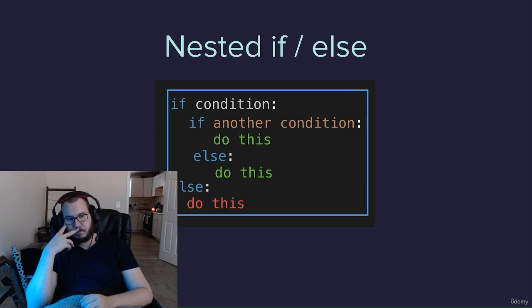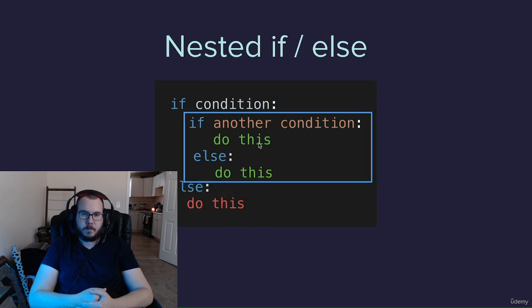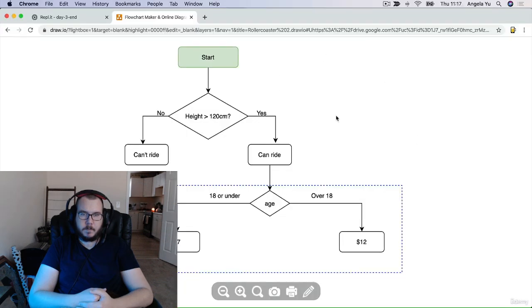So essentially, the computer first looks at the larger picture, which is this first condition, and decides on whether it should go into the else block here, or if it should go into the nested block inside the if statement. So now this is what our flowchart looks like. In the first if statement, we check whether their height is over 120 centimeters.